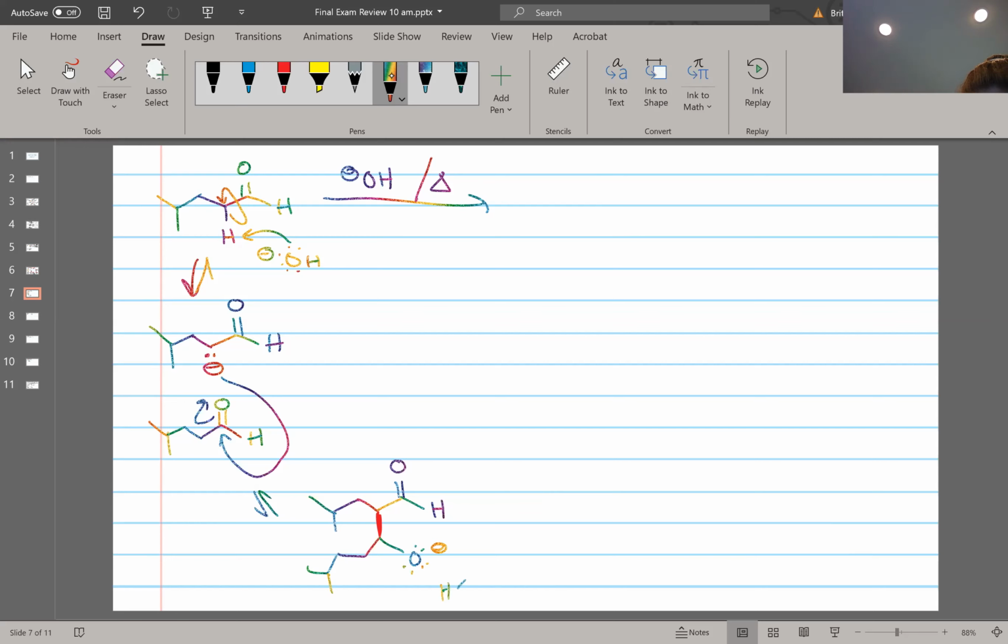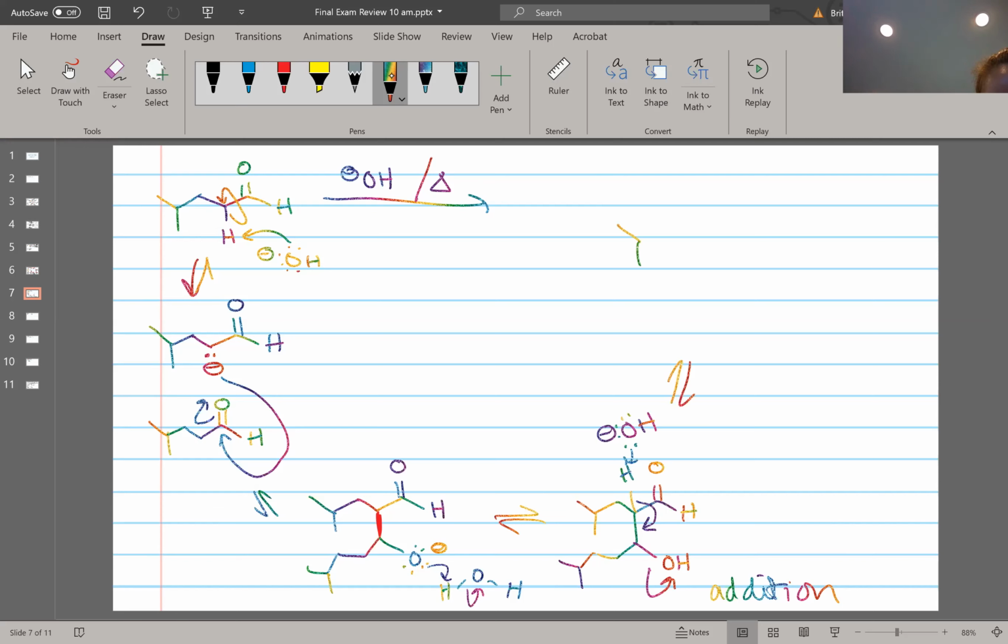We would protonate using the water that we would have made initially in this reaction when we created our enolate. So this is our addition product. And then in the last step, since you're already in hydroxide, there's no reason that you can't make another enolate. And so you just kick it all out.